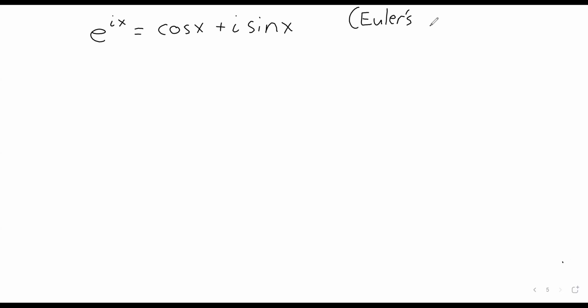This I do feel sort of justified in calling famous. It's Euler's formula, Euler's identity. The second word changes, but it's definitely Euler's.